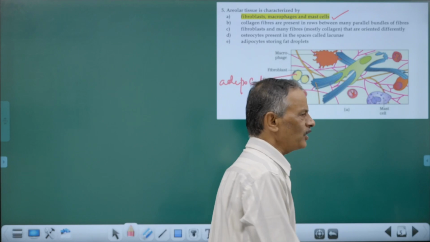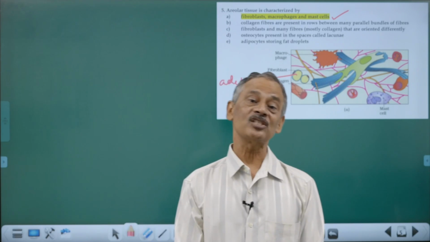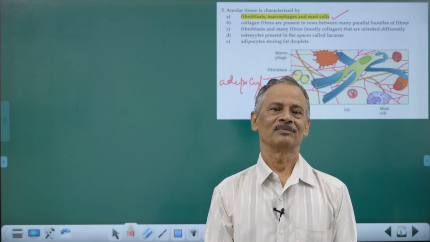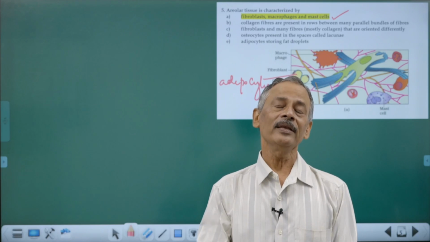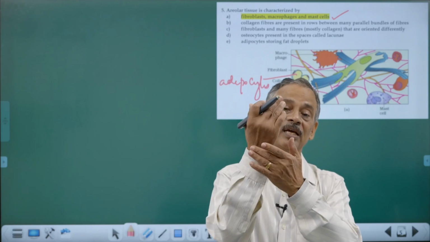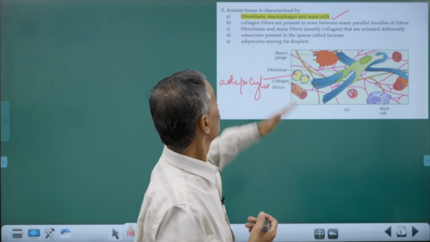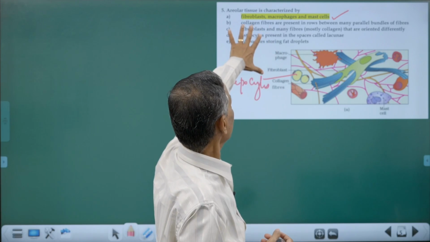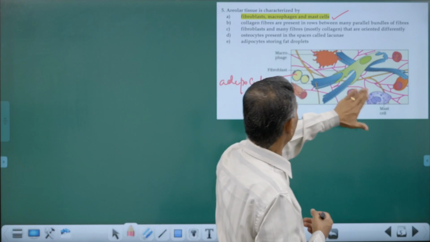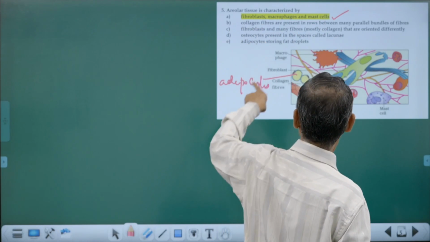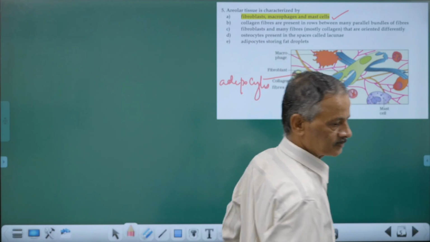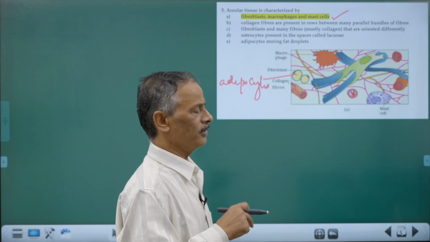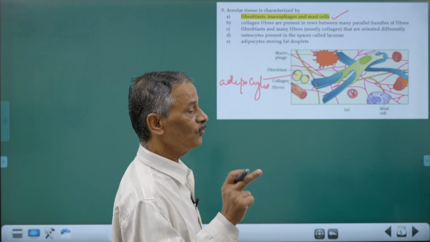They are abundant only in fat storing cells, in fat storing tissues just beneath our skin. So, a typical areolar connective tissue is characterized by these three types of cells. Okay. Even if adipocytes are present, it is very less. They are all most important in adipose type of tissues.